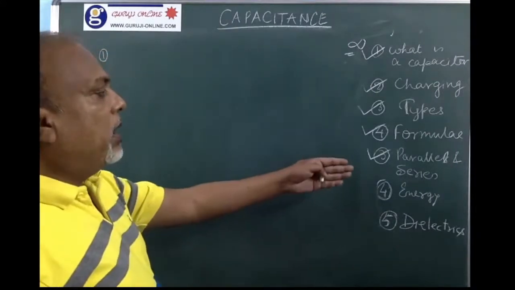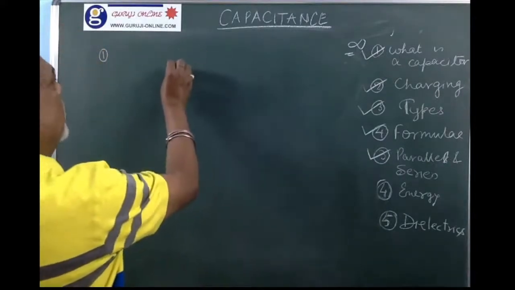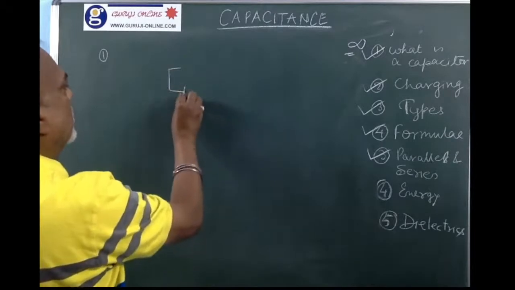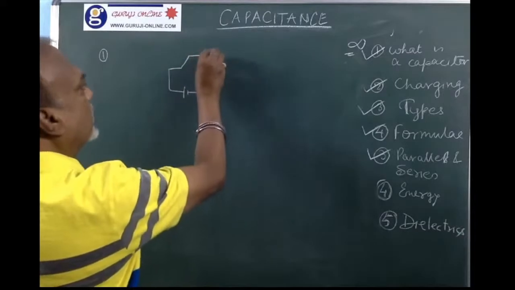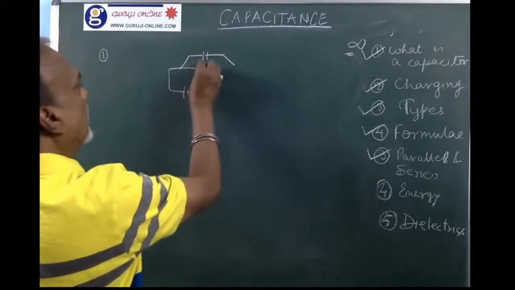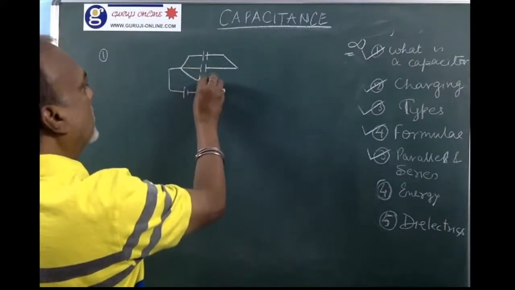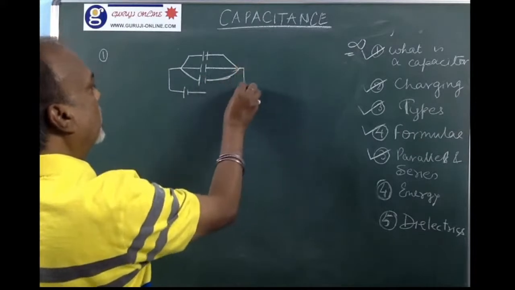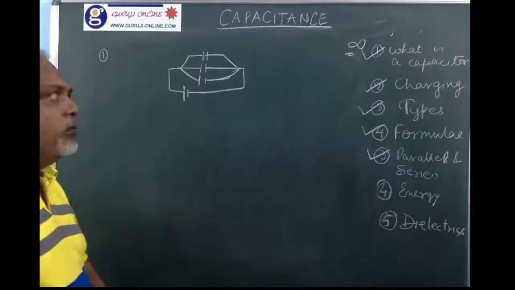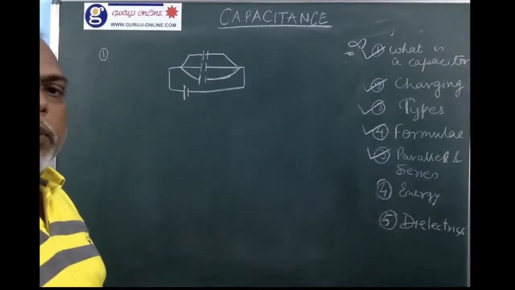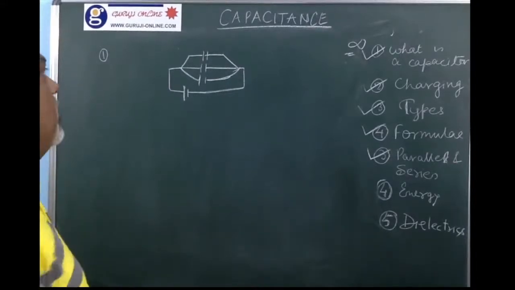Now we will see parallel and series capacitors. In this case, you have a circuit, you have one capacitor like this, another capacitor like this, and third capacitor like this, and these capacitors are joined in parallel.